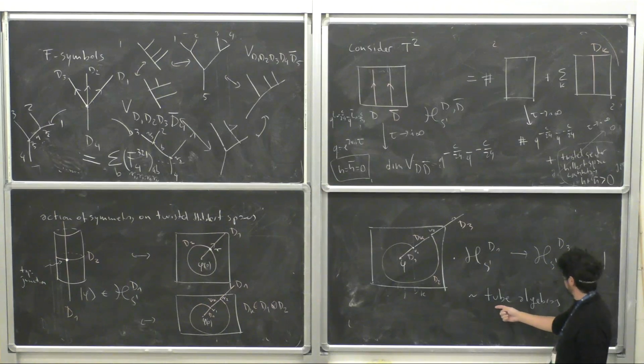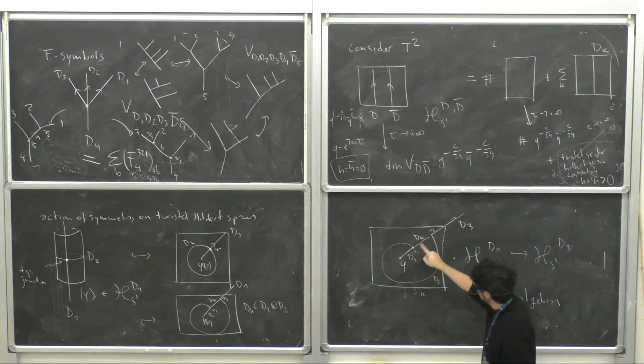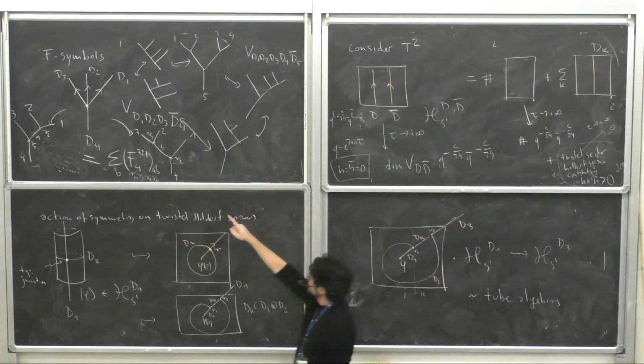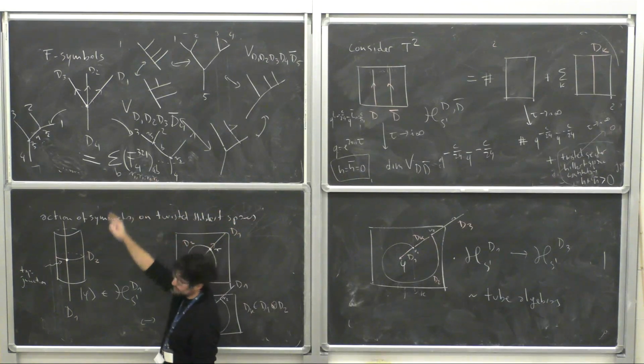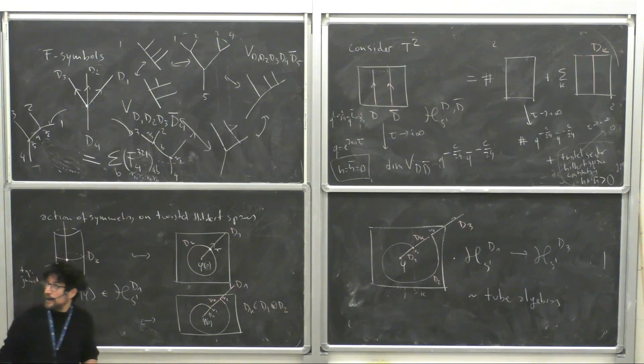So the formalism developed by people studying tube algebras, because of this interpretation, can be used to compute these different ways and different changes of basis that are associated to the F symbols. Okay.